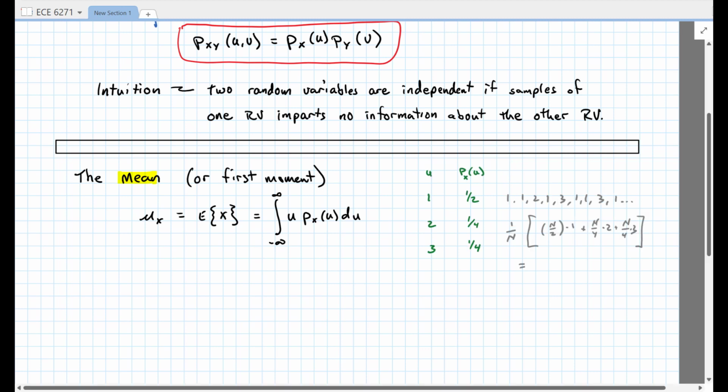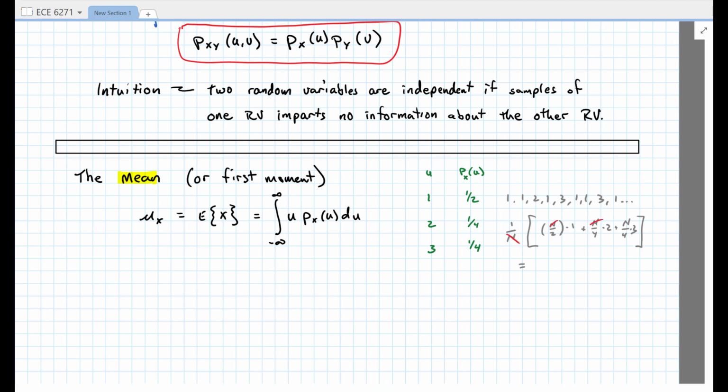Well, the n's are going to divide out, so we can go ahead and do that. That n, and that n. And our result is going to be 1/2 times 1 plus 1/4 times 2 plus 1/4 times 3.